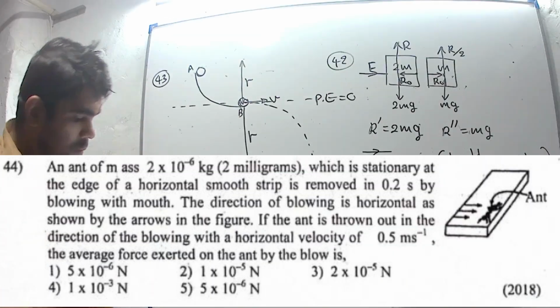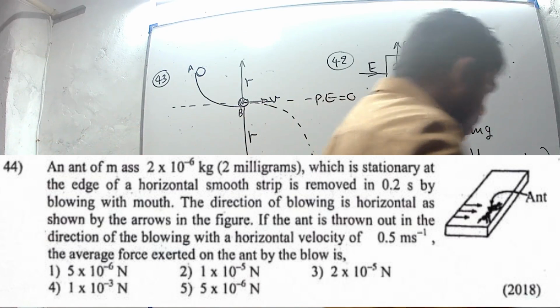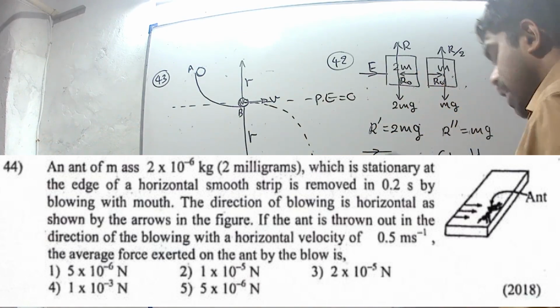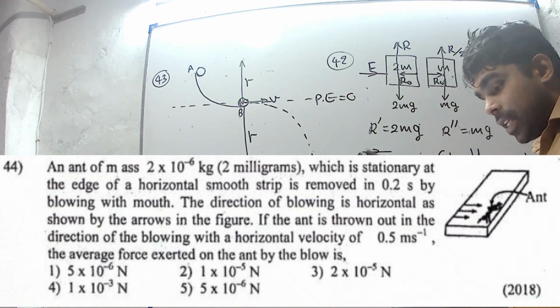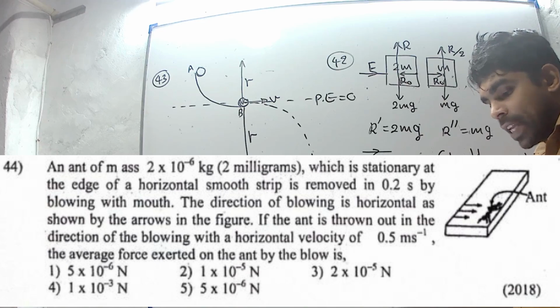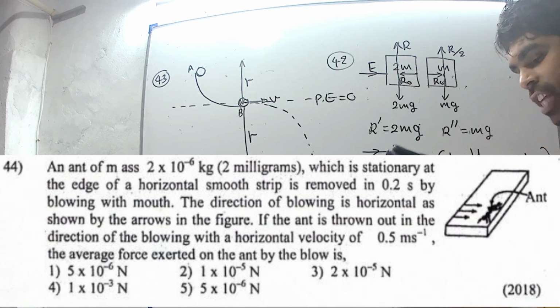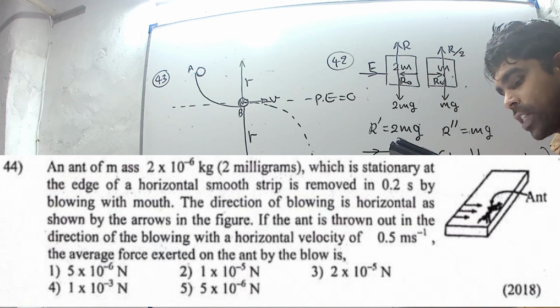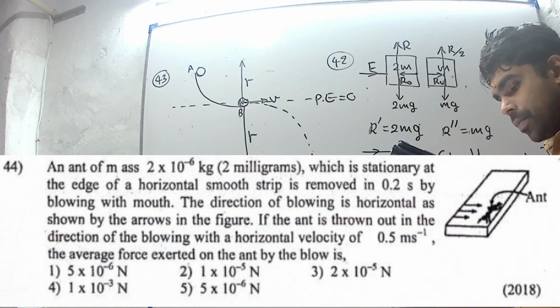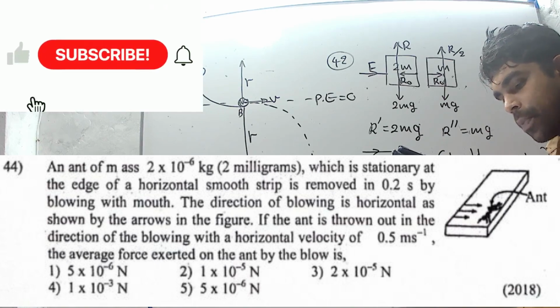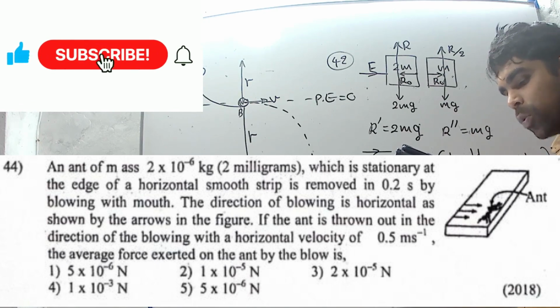Question 44. An ant of mass 2 into 10 to the power minus 6 kilograms, which means 2 milligrams, is stationary at the edge of a horizontal smooth strip and is removed in 0.2 seconds by blowing with the mouth.